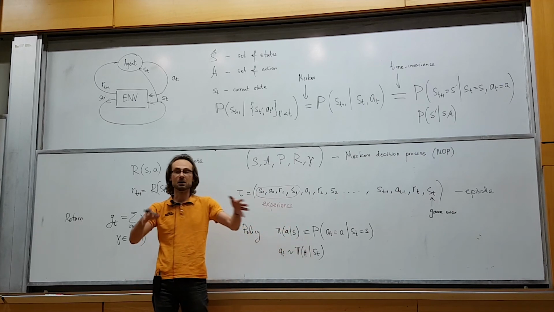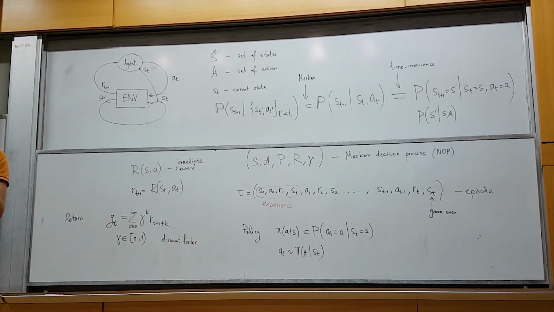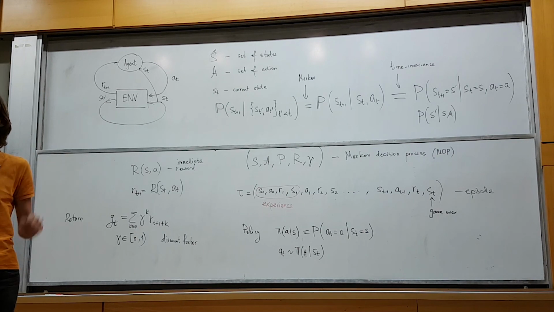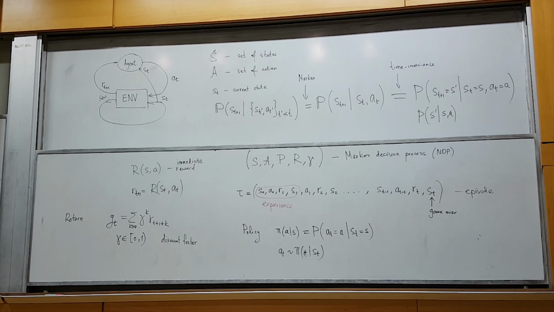And in the particular case when the distribution is a singleton distribution, it will correspond to a deterministic policy. If it has probability 1 of selecting a certain action and probability 0 for all the rest of the actions, this will be a deterministic policy. And this is a more general model that allows stochastic policies as well. Okay? And it will be easier to treat mathematically.